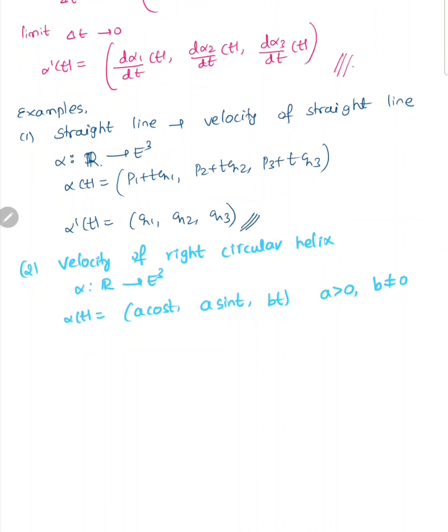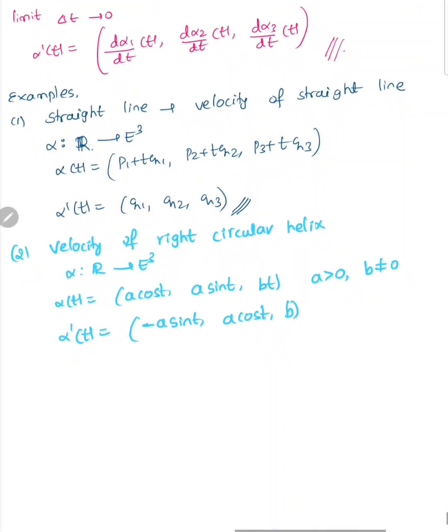Just differentiating alpha of t with respect to t will give the velocity of the right circular helix. So alpha dash of t is equal to minus a sin t, a cos t, b. So this is the velocity of the right circular helix at the time instant t.